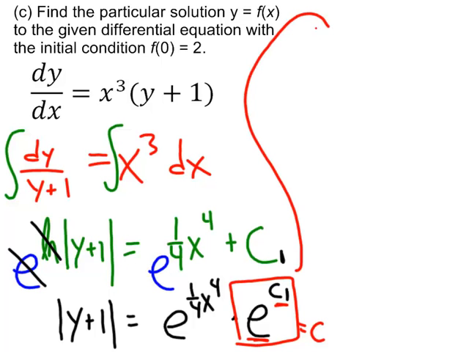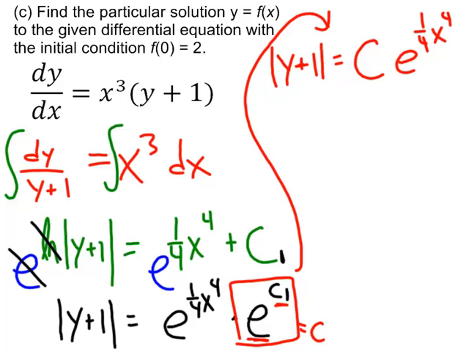Let's go up here, and we have y plus 1 in absolute value bars equals, and I'll put that C in front now, C times e to the 1/4 x to the 4th. I presented an argument in the last video arguing absolute value bars on the left-hand side are equivalent to a plus or minus on the right-hand side.